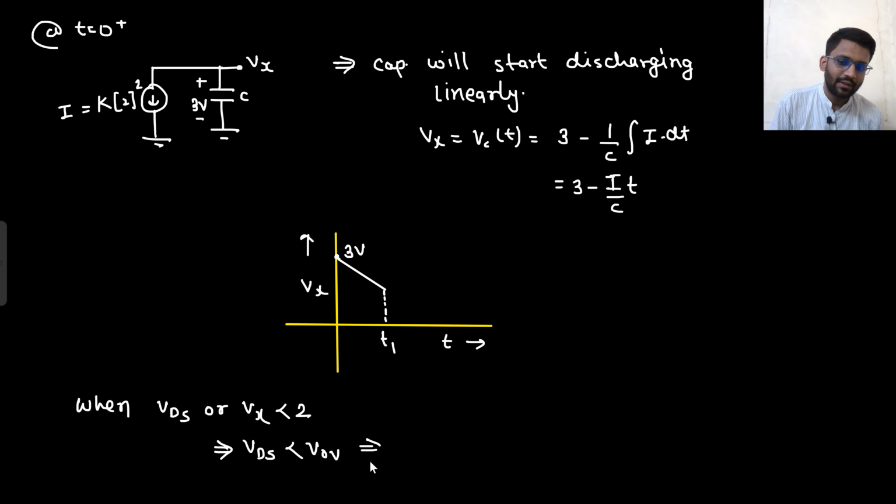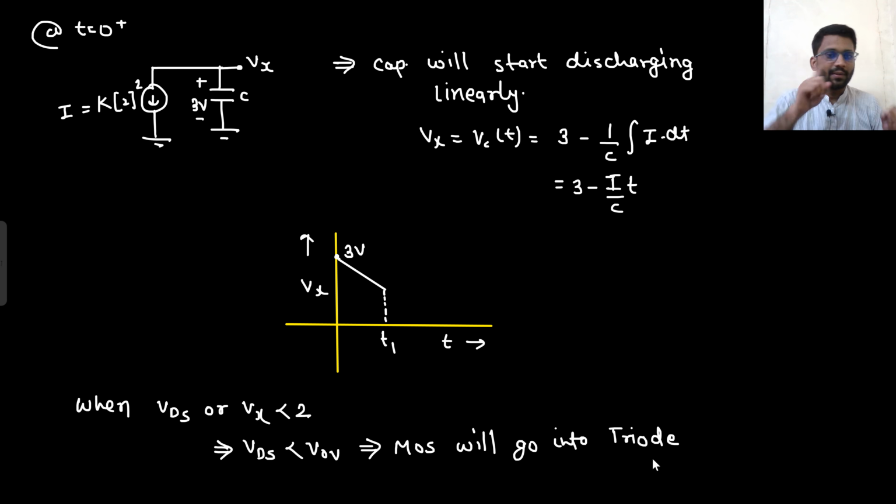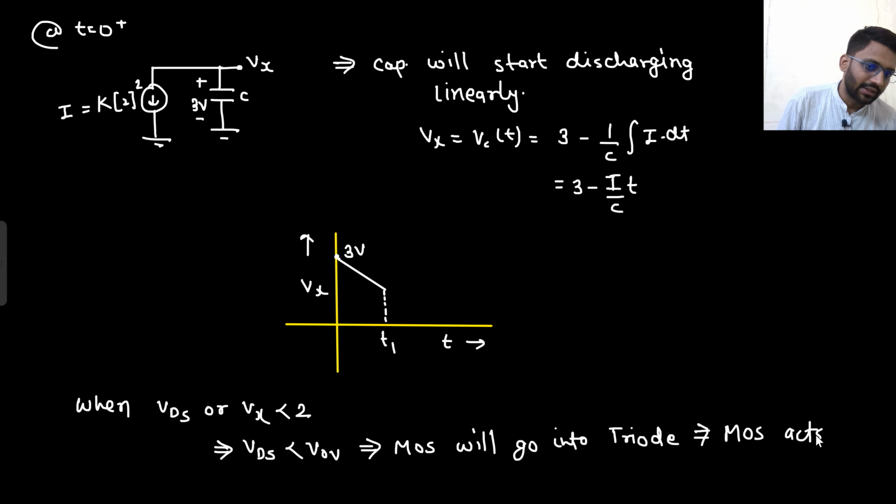What will happen? The MOS will go into the triode region, and in the triode region the MOS acts as a resistance. In the previous lecture we have studied this, right? So it goes till 2 volt. You don't need to tell the timing, but you need to tell the potential.